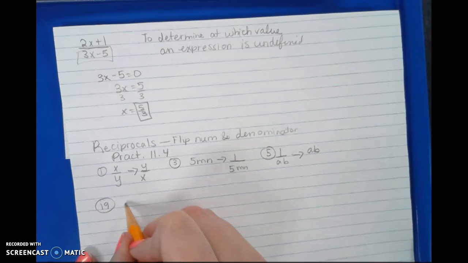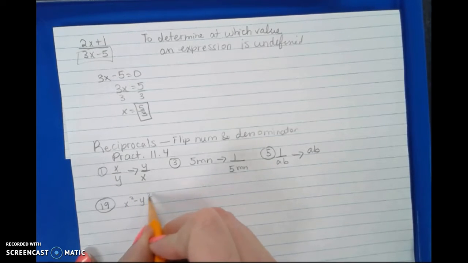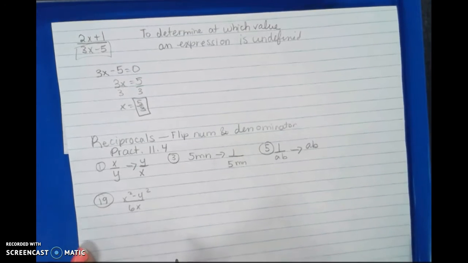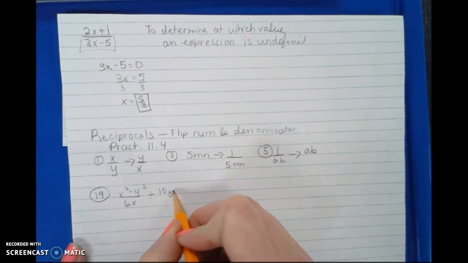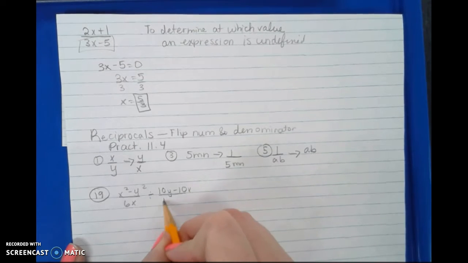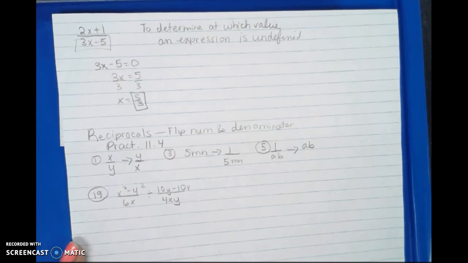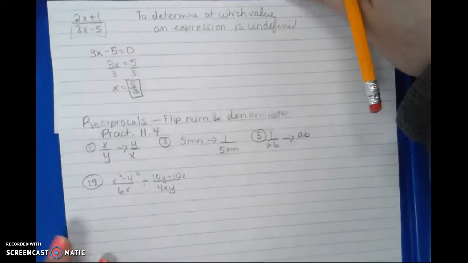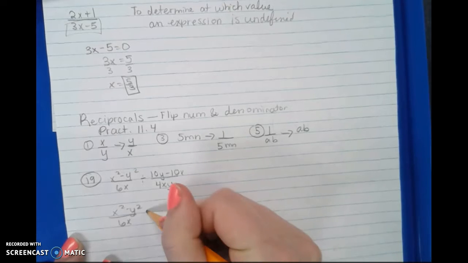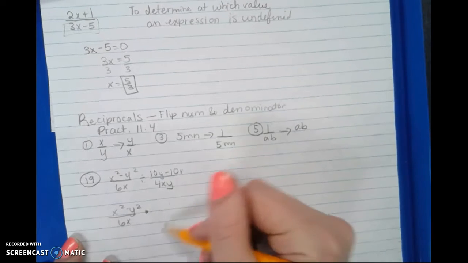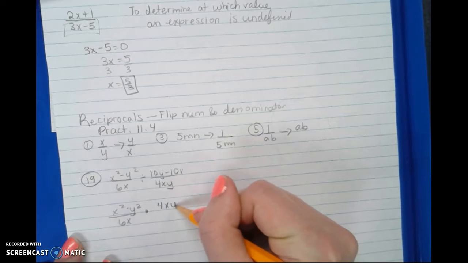Number 19 in your book says x squared minus y squared over 6x, divided by 10y minus 10x over 4xy. If it is multiplication, you can simply begin factoring and cancel. If it is division, you must drop your first fraction. That means keep it the same. Flip your sign for multiplication, and then flip your fraction, or what we call take the reciprocal.